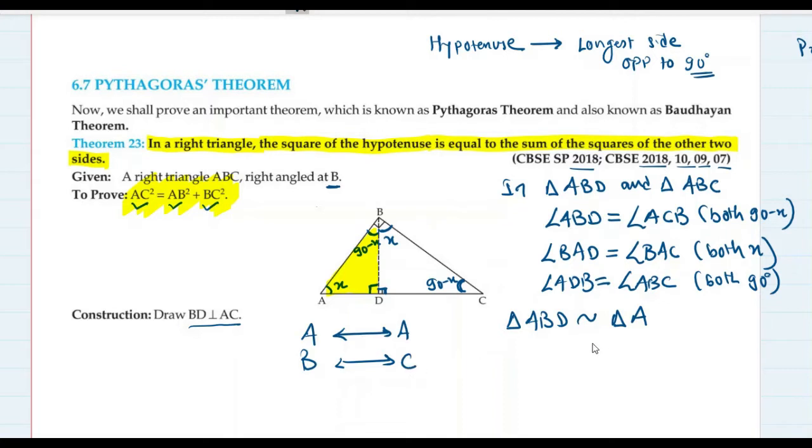C. So B is corresponding with C. And D in triangle ABD, small yellow triangle, D is 90 degrees. In the big triangle ABC, which angle is 90 degrees? Angle B. So triangle ABD is similar to triangle ACB by AA or AAA similarity. Okay, so here we have proved that this small yellow triangle is similar to the big triangle ACB.